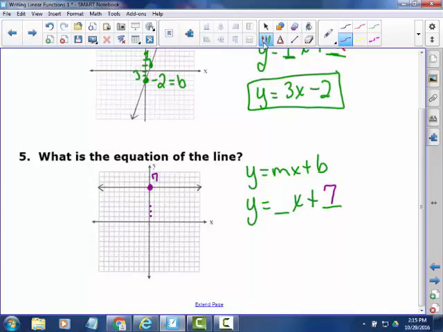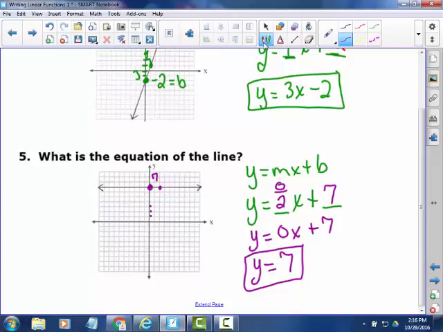And my slope, well, it seems to be going through all the corners. I'm not going to rise at all, so my slope is 0 over 2. But I know that 0 over 2 is simply 0, so I have 0x plus 7. And 0 times x is 0, so the simplified version is y equals 7.